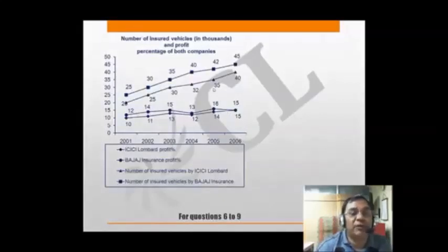So 40% of ICICI, 2004. 3.2 into 4 is 12.8, and 60% of 40, that is 24, that means 36.8.